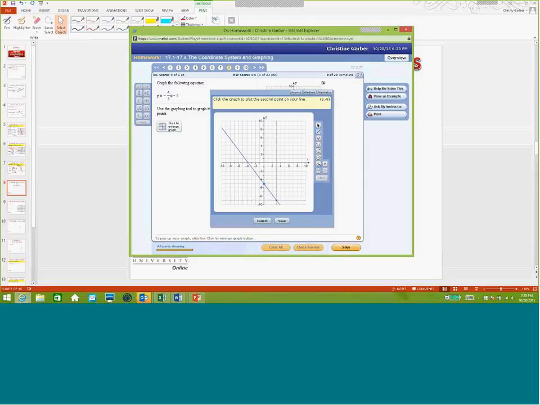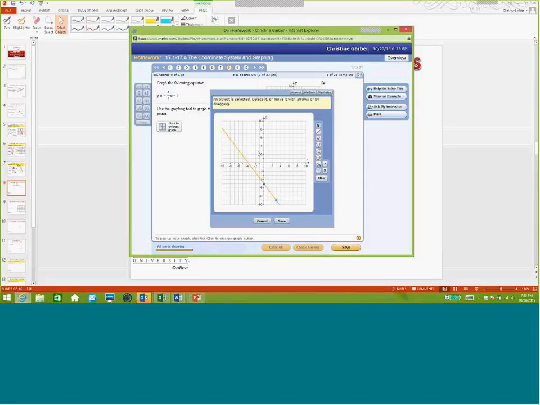Or you could rise positive 4 and run -3. But for the sake of plotting this next point, let's rise -4. That means go down 1, 2, 3, 4, and run 3 units positive, 1, 2, 3. That's the next point I need to plot. So I'm going to click, and there's the line that I just graphed.